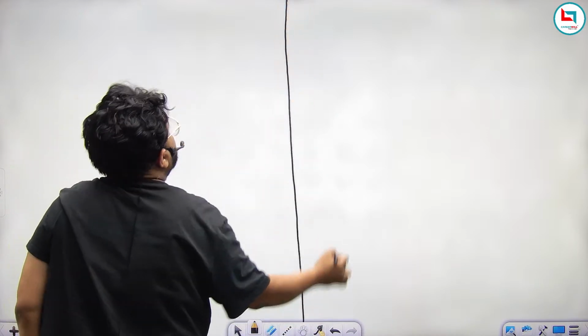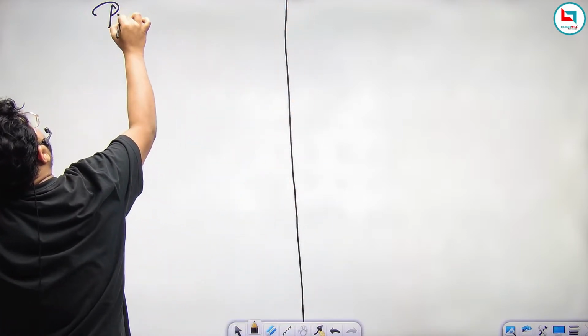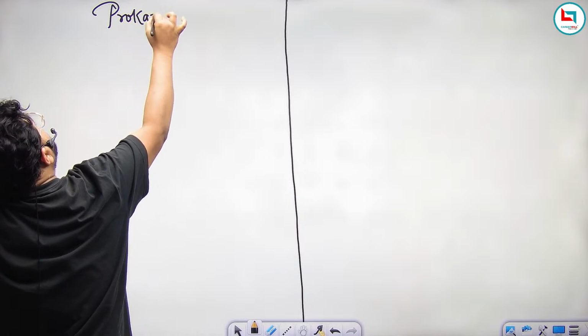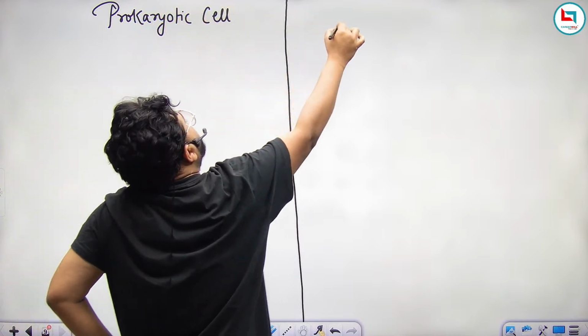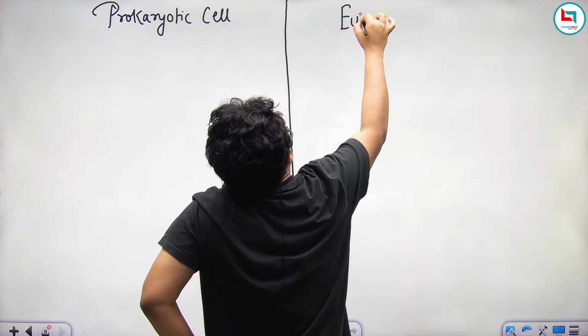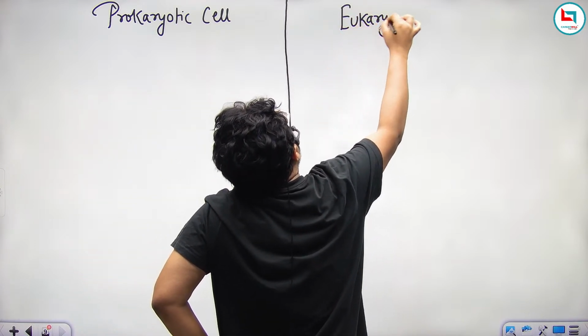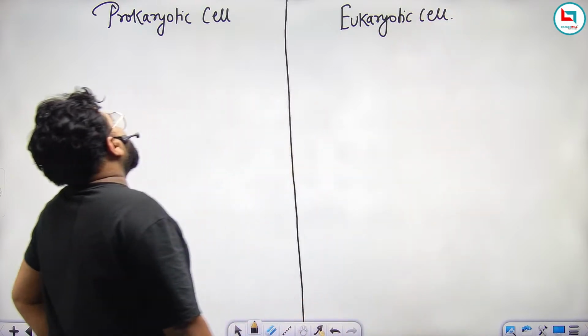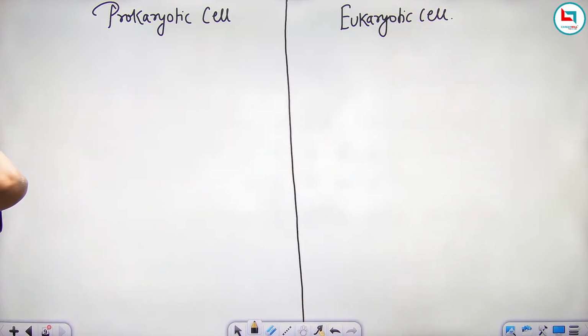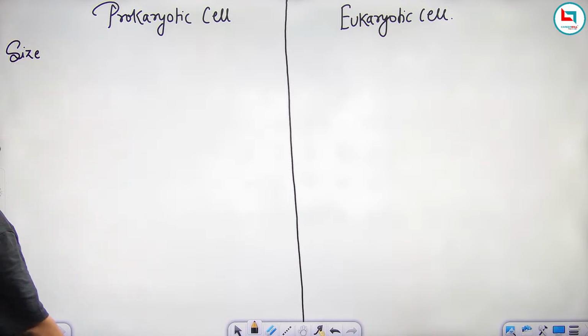On one side of the board I am writing about prokaryotic cells, while on the other side I am writing about eukaryotic cells.